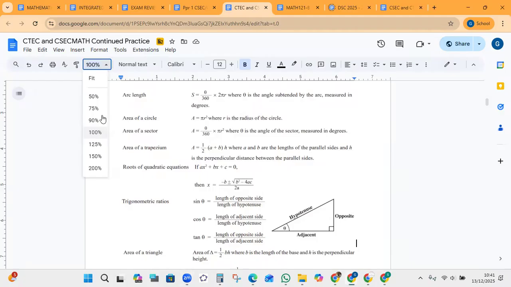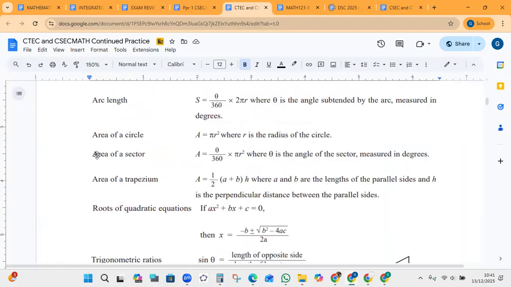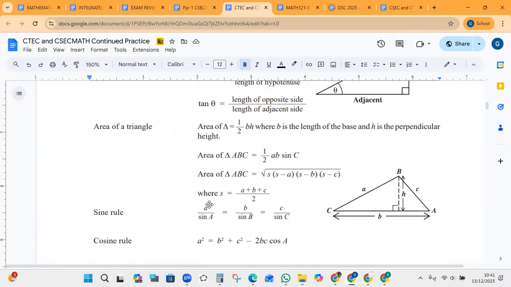And here they are. Area of trapezium is a half, a plus b, times h. And there are 3 formulas for area of triangle. Okay, half base times height, half ab sine c, and this formula here, where s is a plus b plus c, if you have all the 3 sides, etc., divided by 2, and then you substitute it into this formula. Okay, but the rest of the formulas you need to know, you have to remember off your head.